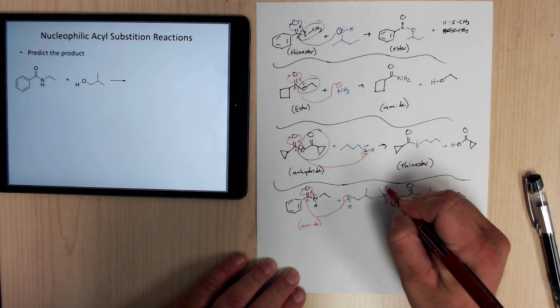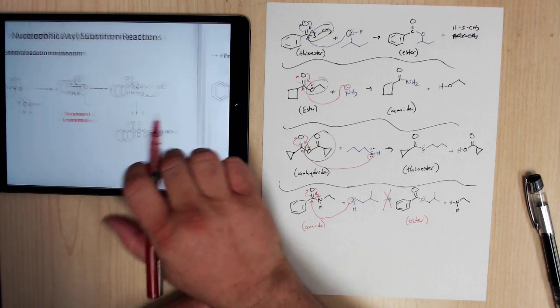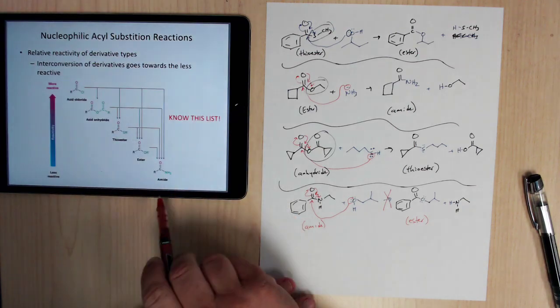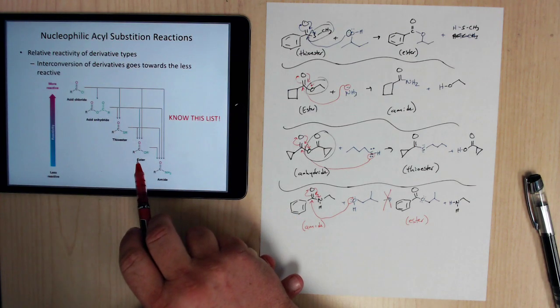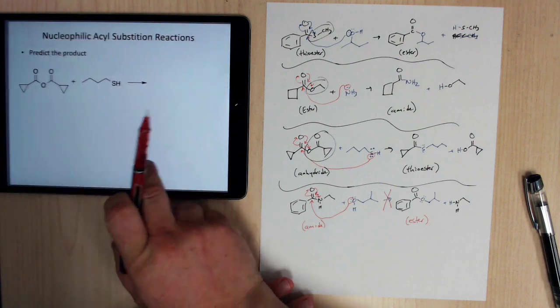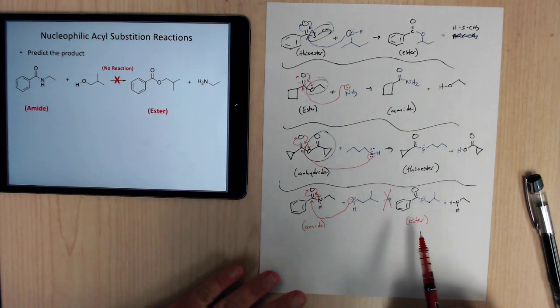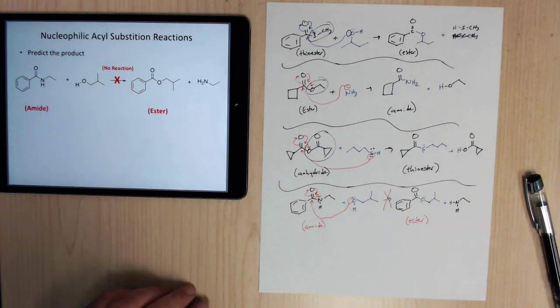If I go back quickly, we're going from an amide to an ester. Not going to happen, not readily anyway. So in fact, this is going to be no reaction. So you have to be careful.